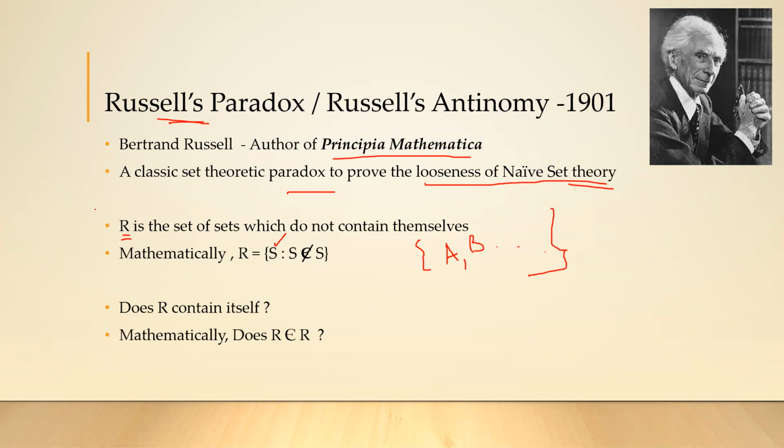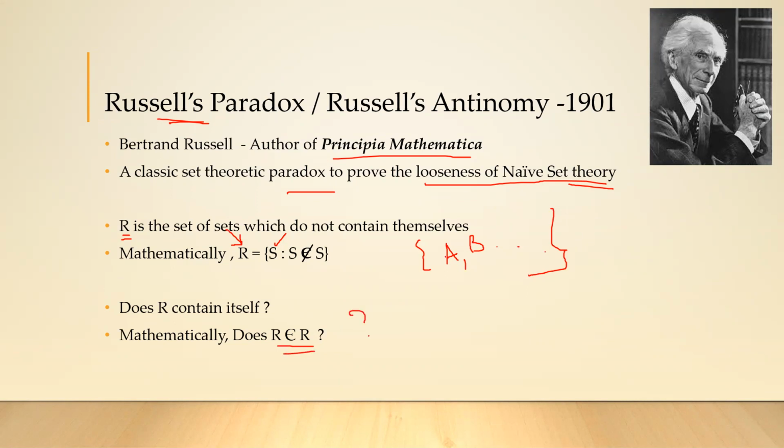Now, the question which he posed is, does R contain itself? Okay, the question he posed is not on S. The question he posed is on R. Will R contain itself? Or if you think mathematically, does R belong to R?